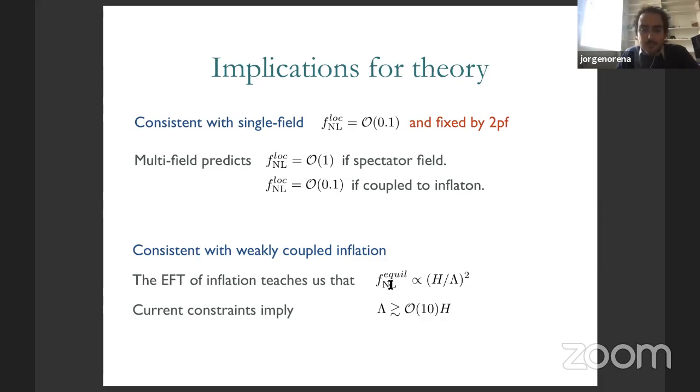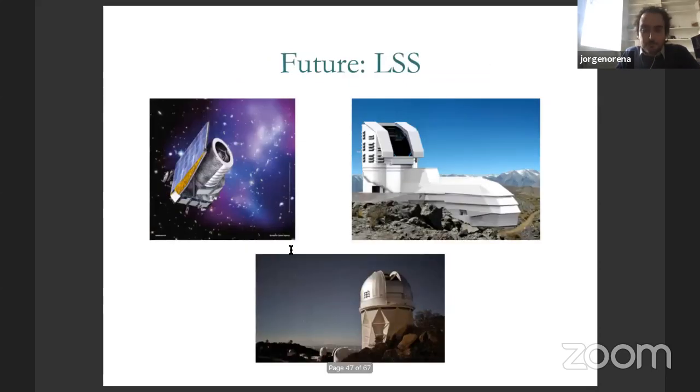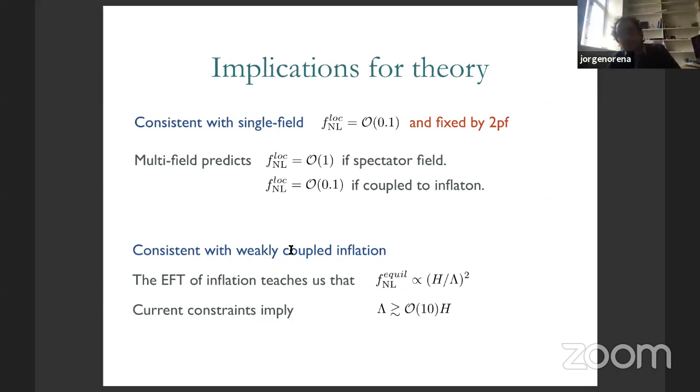Indeed, from the EFT of inflation, we learned that FNL equilateral, but also orthogonal, should go like H over lambda squared, where lambda is the scale suppressing these higher order operators. Current constraints imply that lambda should be bigger than order 10 times H. So inflation is consistent with being weakly coupled. So that's what we learned from the CMB.